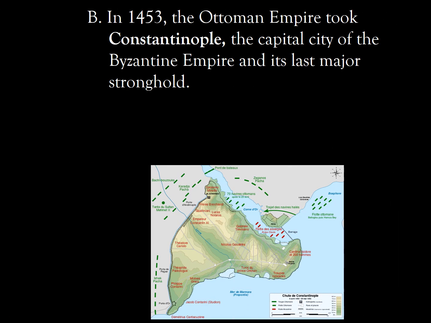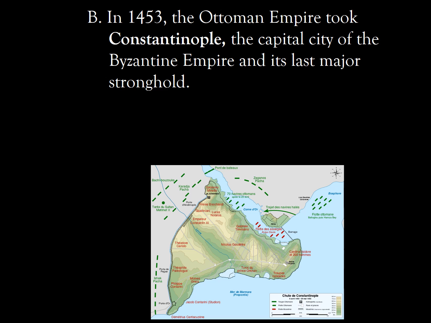In 1453, a key turning point happened when the Ottoman Empire took control over Constantinople, the capital city of the Byzantine Empire and its last major stronghold. The fall, ultimately, of the Byzantine Empire was the result, and now there was no buffer zone to protect Western Europe from the Islamic forces.